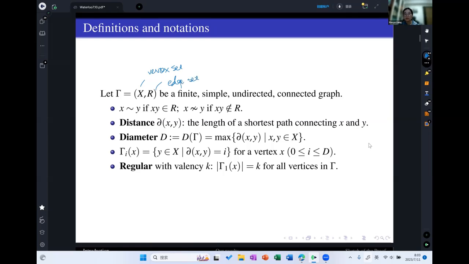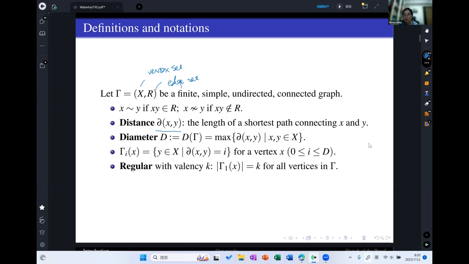Any two vertices x, y are adjacent if x, y is in R. We define the distance between any two vertices x and y to be the length of a shortest path connecting x and y, denoted by partial xy.